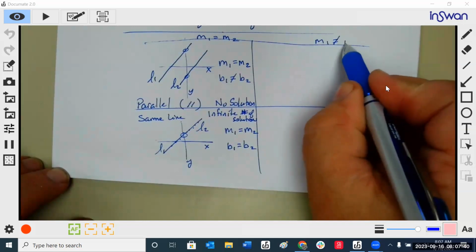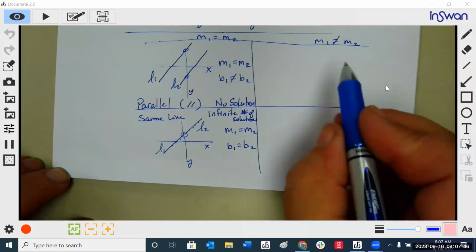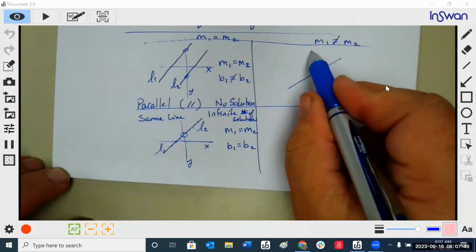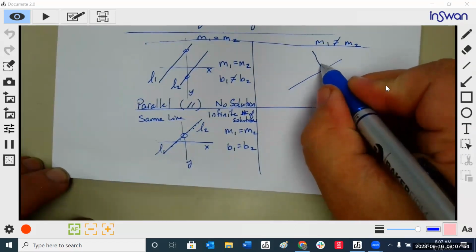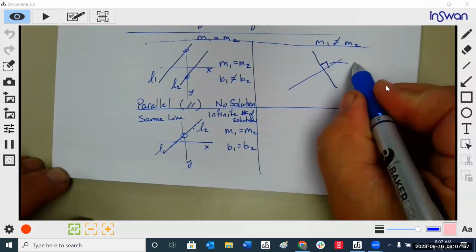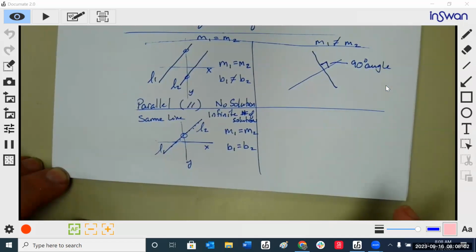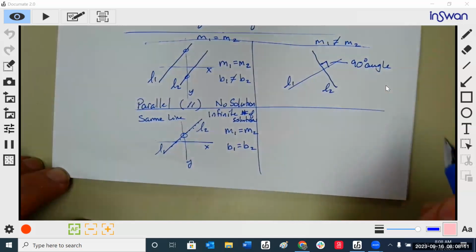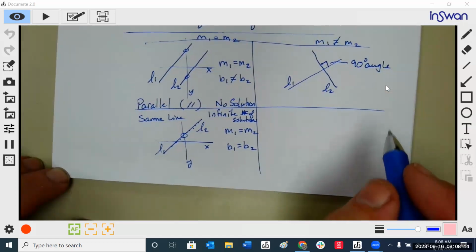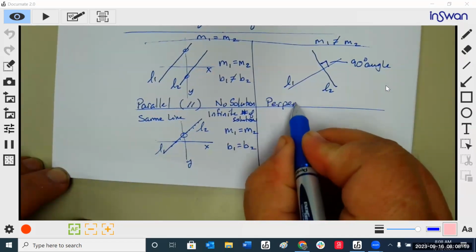If the slopes are different, if they're not equal, then we have another condition. One example is if they form a 90-degree angle. Here, clearly we can see the slopes are different. This is line 1, and this is line 2. If they form a 90-degree angle, we call those two lines perpendicular.